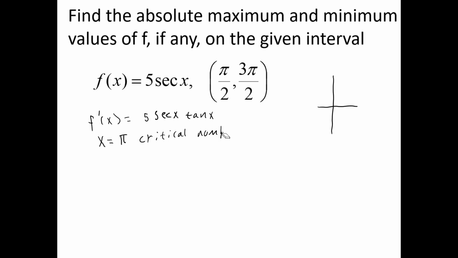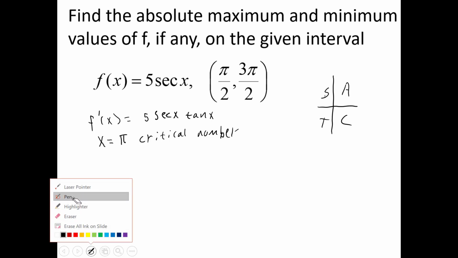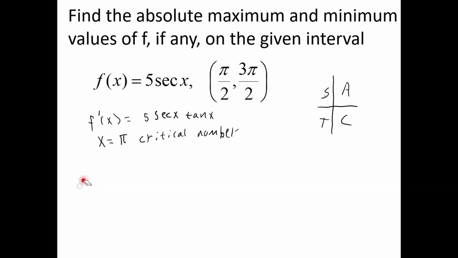If you're not familiar with what the graph of the secant looks like, then you may not know what we have here. So what we might want to do is look at the sign chart only in the interval from pi over 2 to 3 pi over 2, which means my angles are going to be in either quadrant 3 or 4, right?